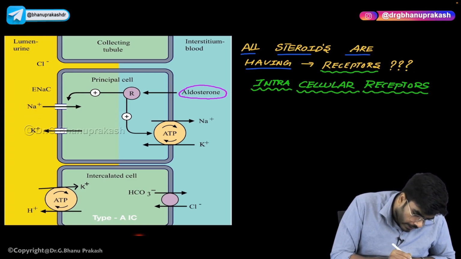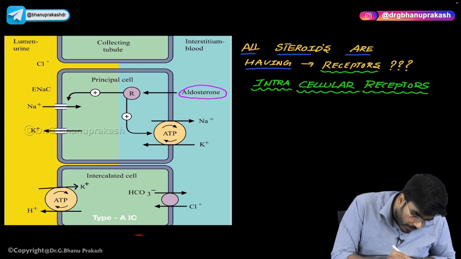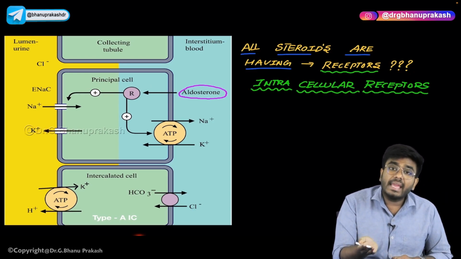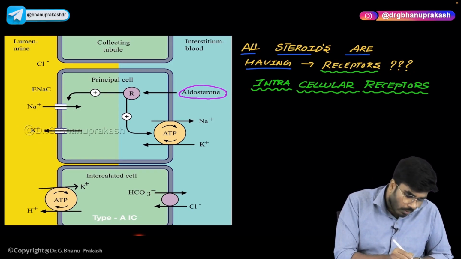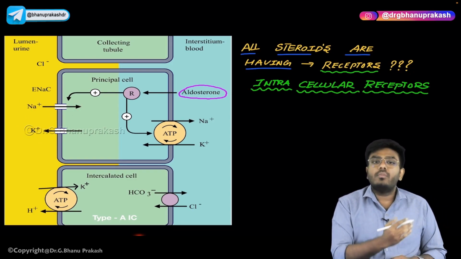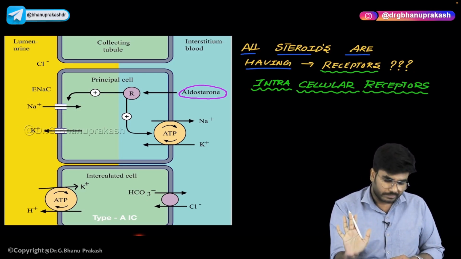The same aldosterone acting on the principal cell helps in potassium excretion. Potassium is getting excreted out of the cell. Along with the sodium, some amount of water will be reabsorbed into the body. So, water reabsorption also will happen under the influence of aldosterone, there is no doubt.